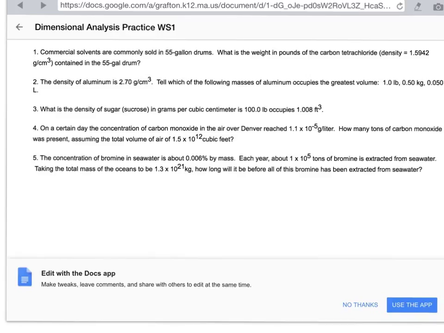And so we know that seawater is 0.006% bromine by mass. So we could say if I have 1 kilogram of seawater, we're going to take our percentage and make that a decimal, which means moving the decimal point 2 spots to the left, so it's 0.00006 kilograms of bromine per kilogram of seawater.